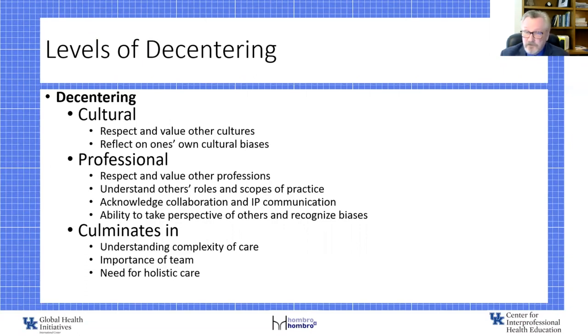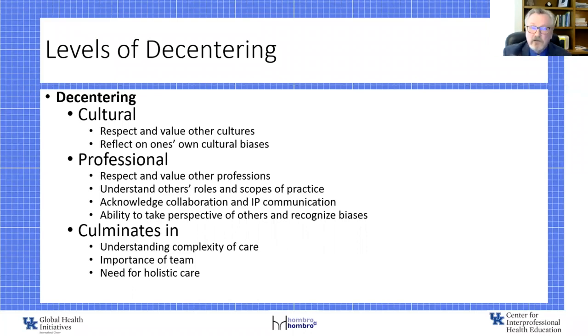From the professional point of view, there was, again, the respect and value for other professions. See why the connection between professional and culture here. There was an understanding of the roles and scope of practice. Well, that was intentional. We wanted that to happen. An acknowledgement that collaboration and interprofessional communication was important. And importantly, they were able to take the perspective of others and recognize biases.